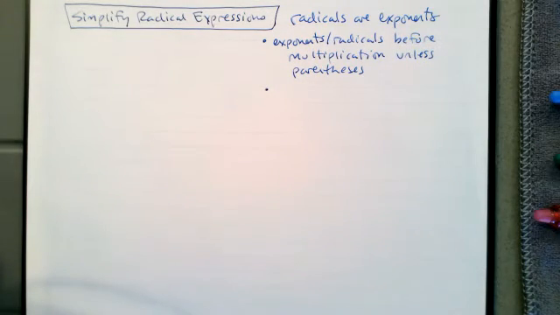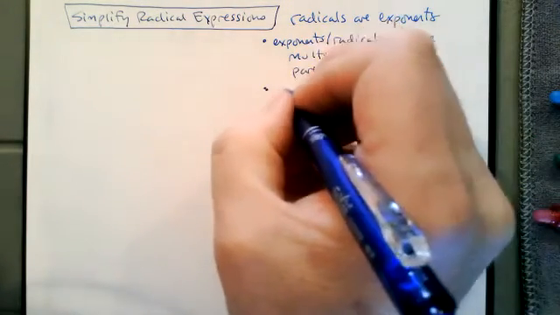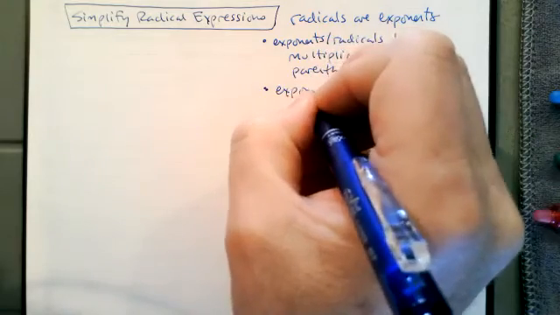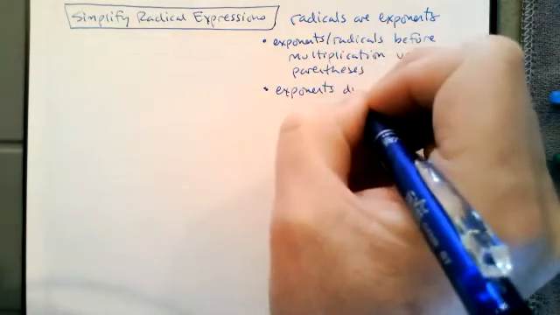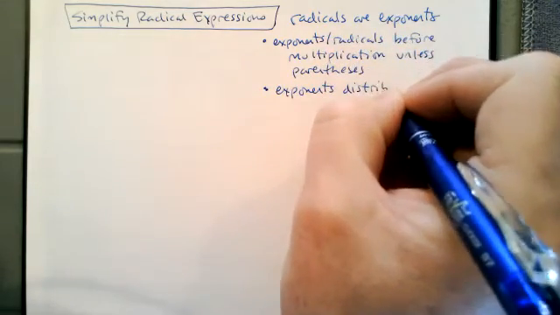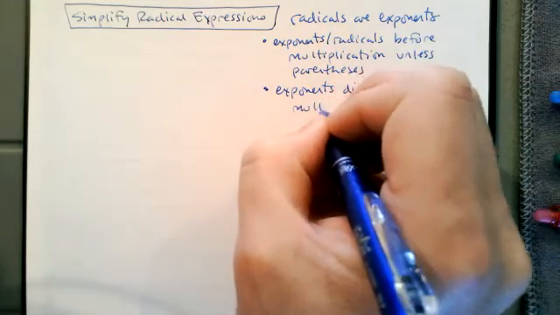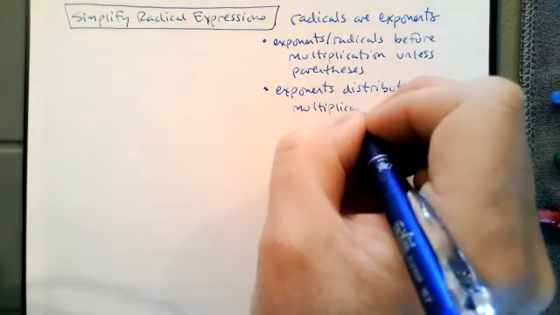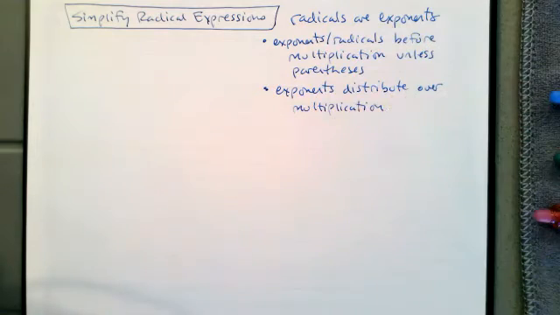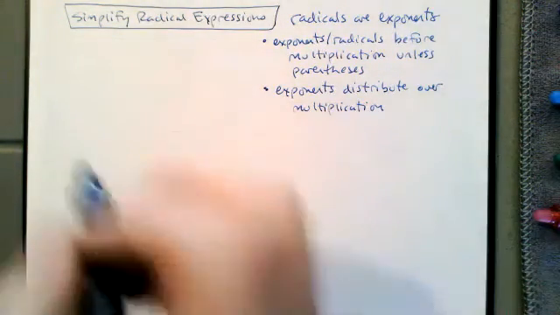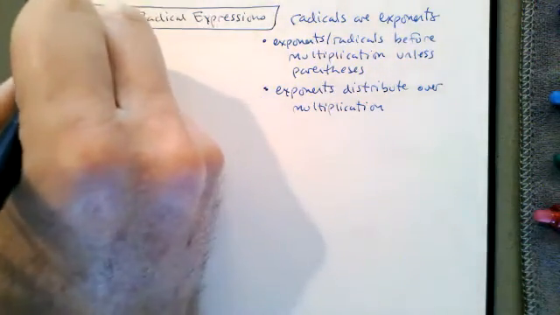Exponents distribute over multiplication, so radicals distribute over multiplication. So what does that mean for us? What does this mean in terms of problems?